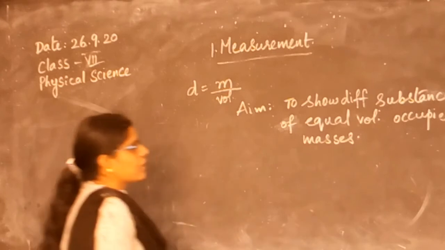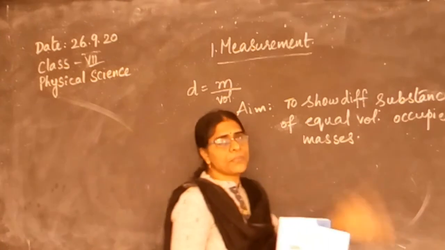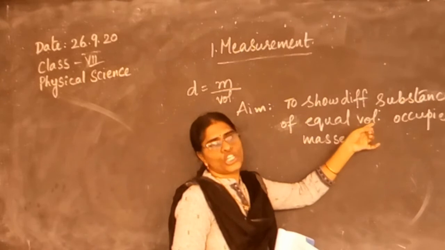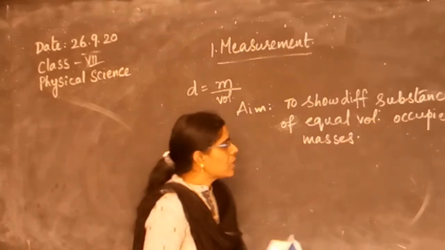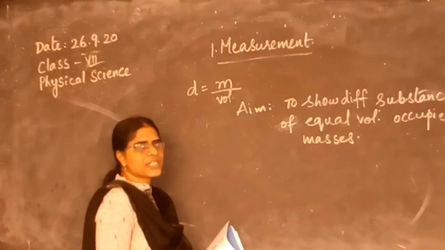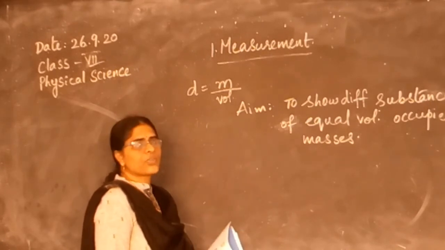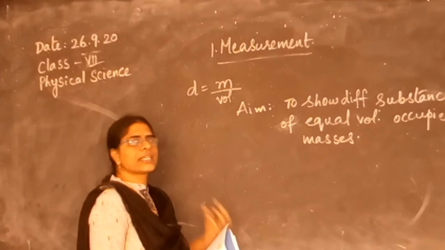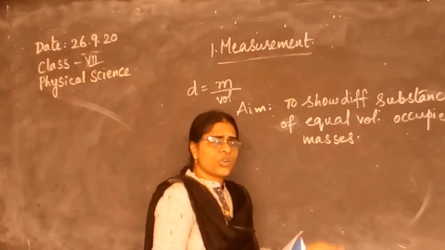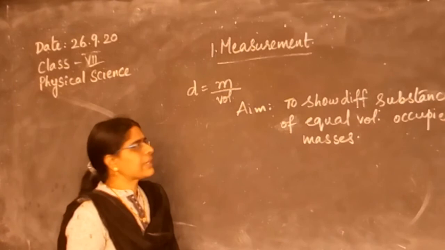Okay? In the last activity we showed both are of the same mass. Now we are taking equal volumes. We need to find out with different substances, like I am taking oil in one container and water in another, or kerosene in one container and water in another, or water in one and benzene or turpentine oil in the other.